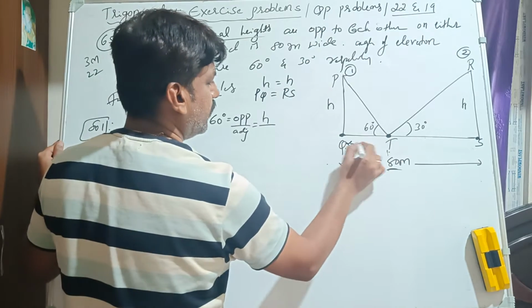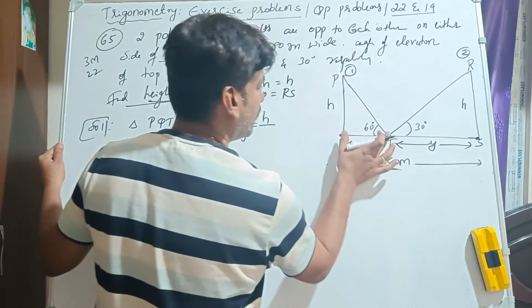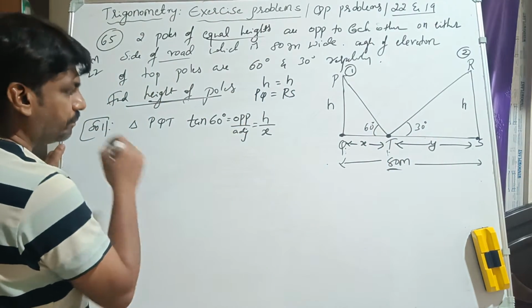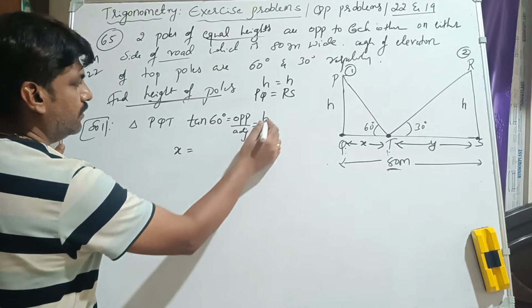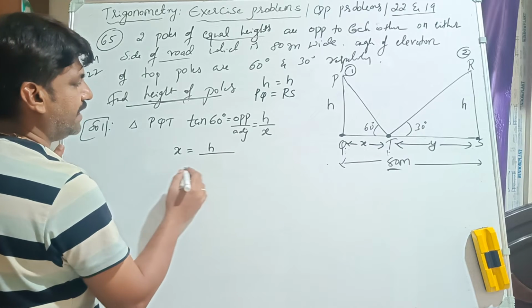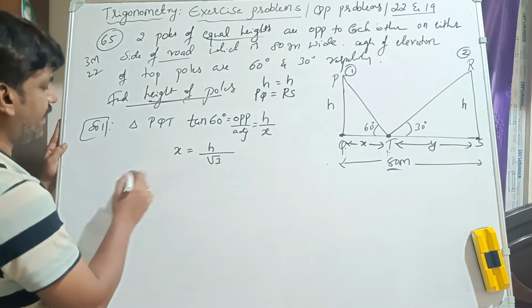Here I will call this X and the other side Y, because this side we don't know. So we can write X is equal to H divided by tan 60. What is tan 60? Root 3, right? So this is what we get from the first triangle.